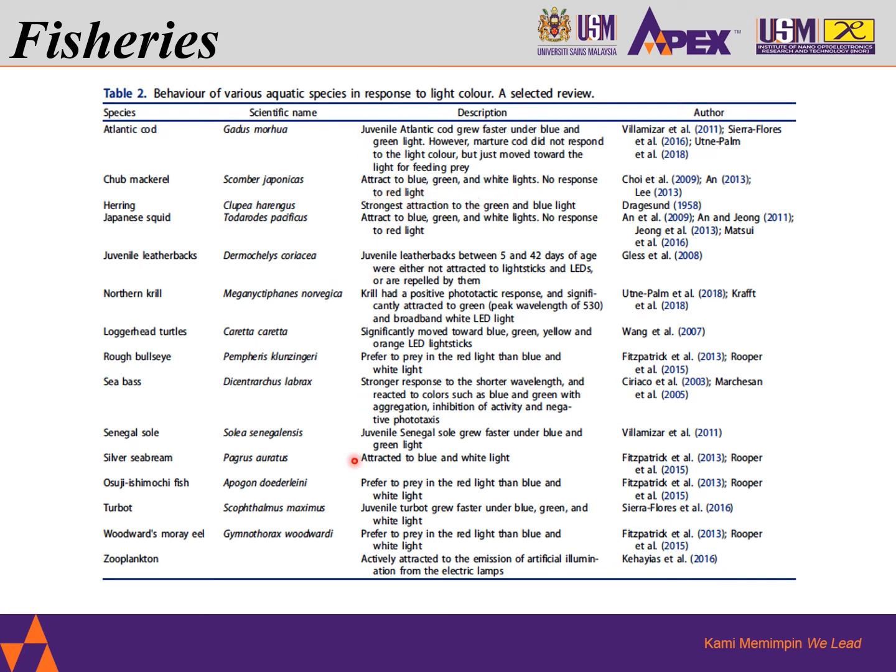So this is a study that explains the light color. For example, the sea bass has a stronger response to the shorter wavelength and reacted to colors such as blue and green with aggregation, inactivity, inhibition or activity, and negative photoaxis. And zooplankton, for example, are actively attracted to the emission of artificial illumination from the electric lamps. Interesting study.